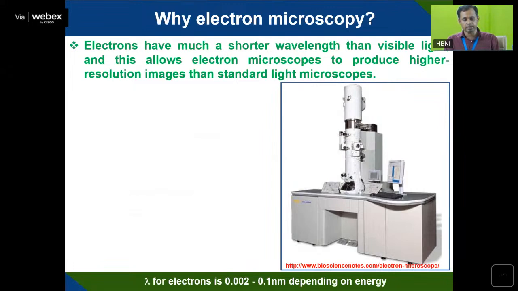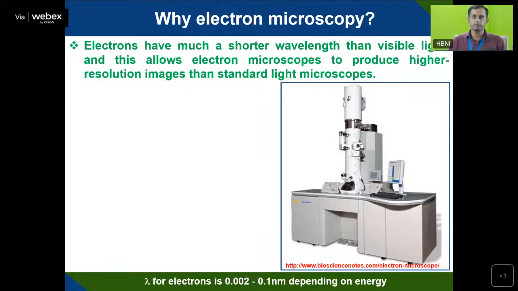Electrons have a much shorter wavelength than visible light. If you see visible light, the wavelength is 400 to 800 nanometer, but the wavelength of the electron is very small. In case of TEM it is 0.0025 nanometer, so it's quite low.